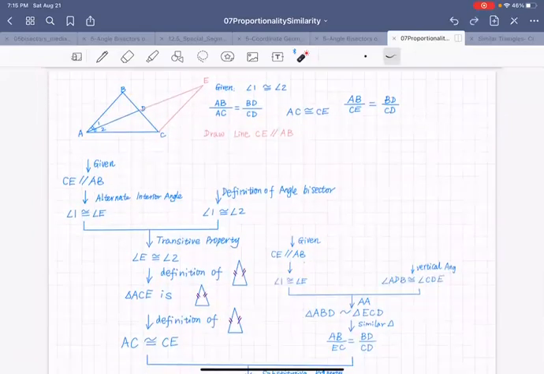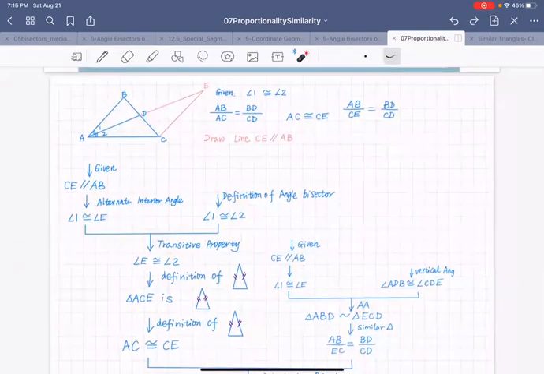So over here, because this angle equals this angle equals this angle, these two triangles are similar triangles, okay? Correct. After you prove these two triangles to be similar, we know that for similar triangles, your corresponding parts will be proportional. AB over EC, correct?